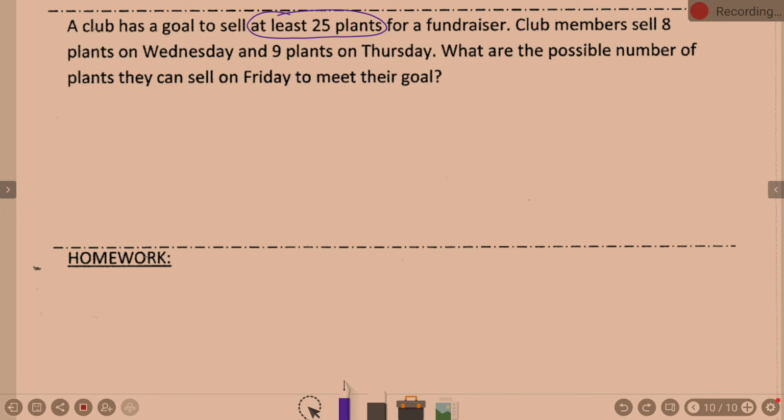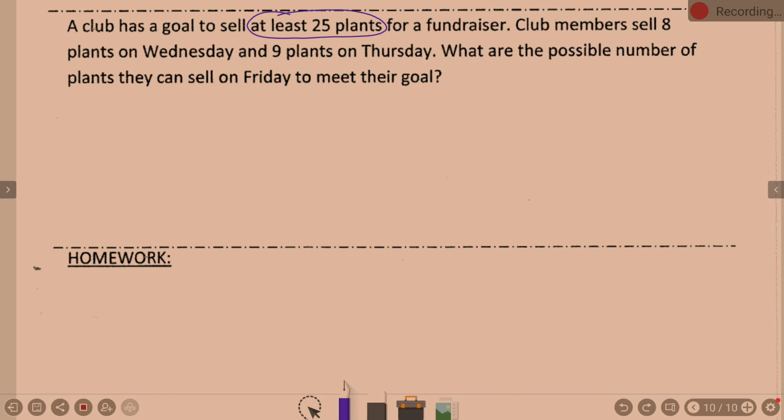Think with me. If I have at least $25 in my pocket, what does that logically mean to you? If I have at least $25, I have 25 or more.